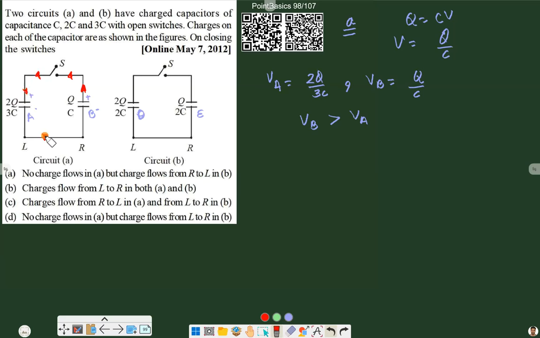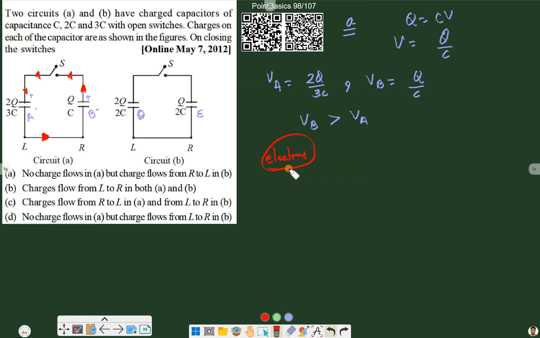So this is the direction of flow of current. And here it is not mentioned what charges we are talking about, but normally when there is an electric current, we only talk about electrons, and the flow of electrons is the reverse of the flow of normal current.